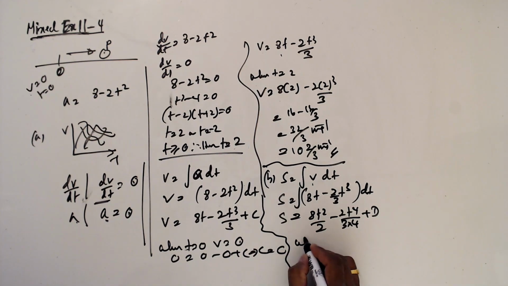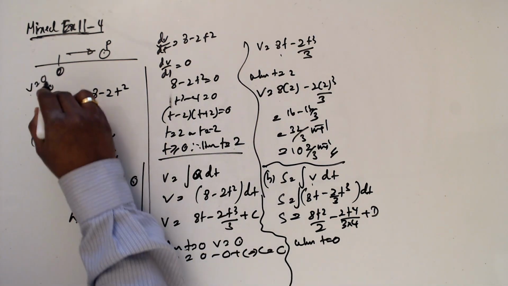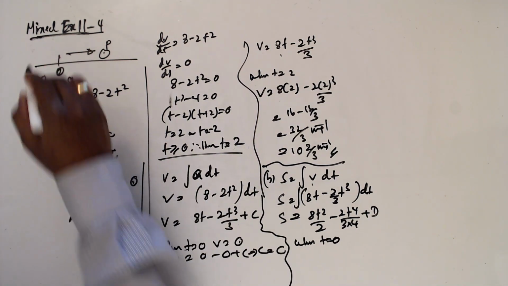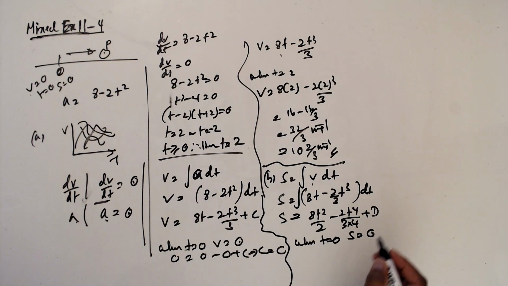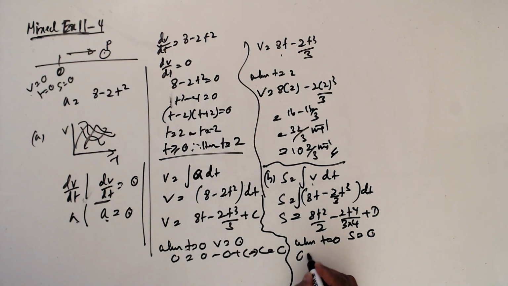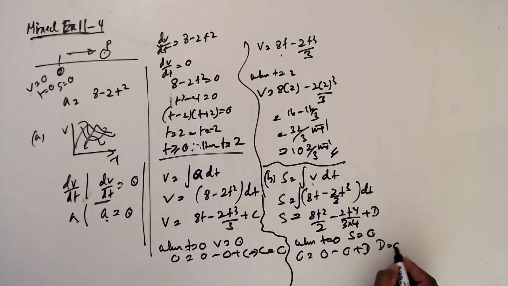We know when t equals 0, s equals 0, starting from the origin, then 0 equals 0 minus 0 plus d, so d equals 0.